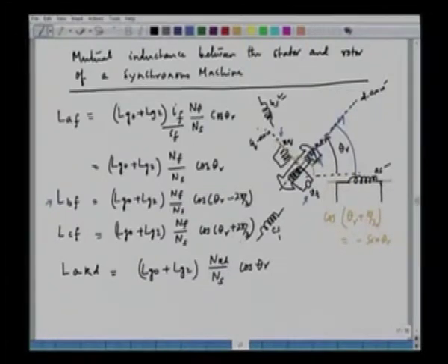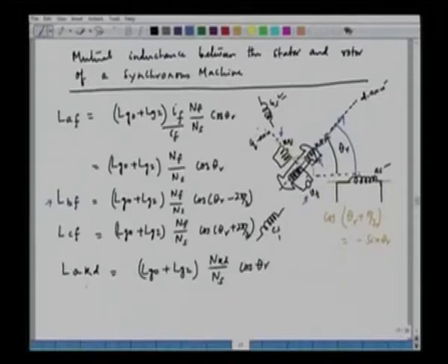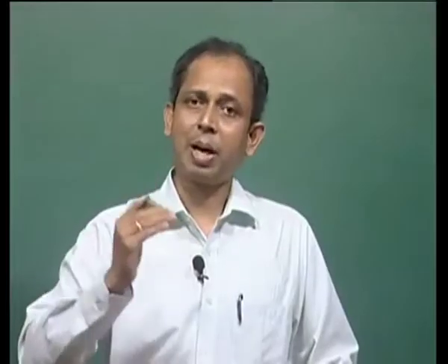This is basically the mutual inductance between the field winding and phase A, phase B, phase C of the stator. Similarly, we can evaluate the mutual inductance between the D axis damper and the stator winding. For example, for LAKD, the expression will be similar, because the field winding and the damper winding in the D axis are in the same axis.